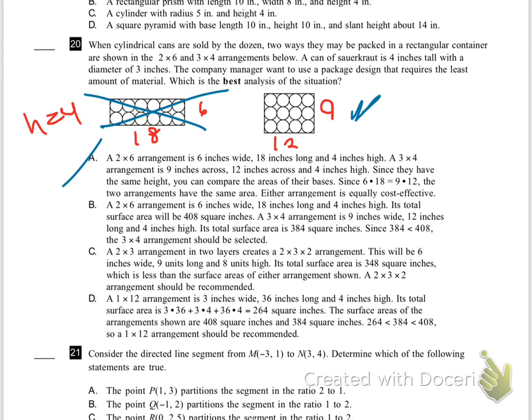So let's take a look at that and see if that surface area is going to be less than any of what we've seen so far. Because just because these two are the two options that were given does not mean that that's the only way that we could do it.